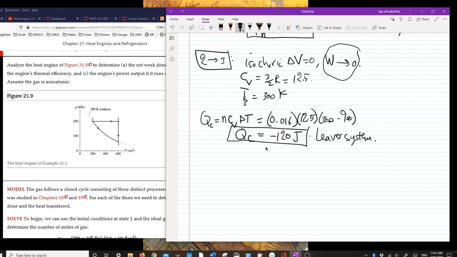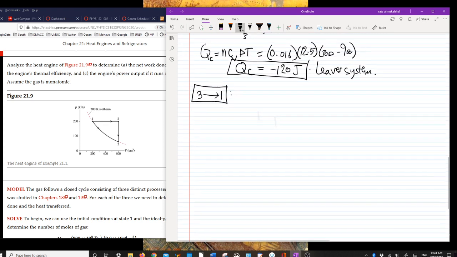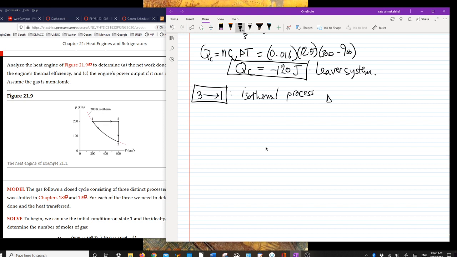Now we come to the last process, from 3 to 1. This is an isothermal process. And what's so special about isothermal? Delta U is 0, delta T is 0. There's no change in temperature.